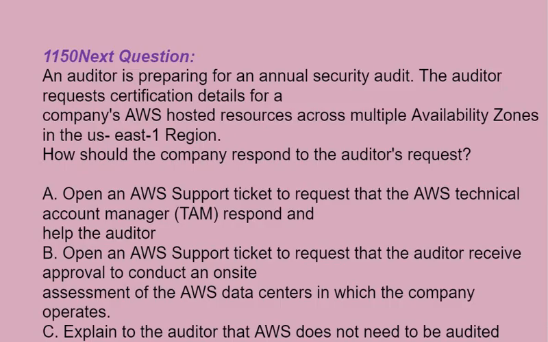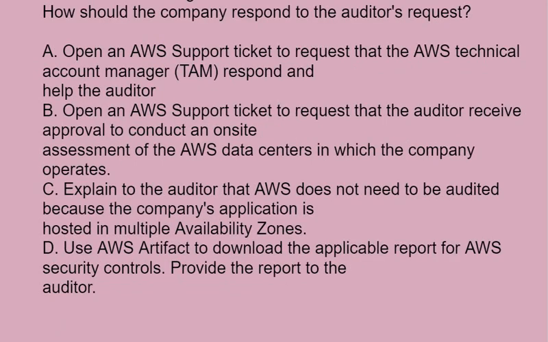Question is, an auditor is preparing for an annual security audit. The auditor requests certification details for a company's AWS hosted resources across multiple availability zones in the US East 1 region. How should the company respond to the auditor's request? Option A, open an AWS support ticket to request that the AWS Technical Account Manager TAM respond and help the auditor.